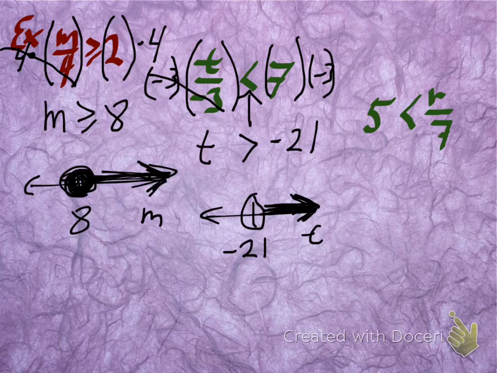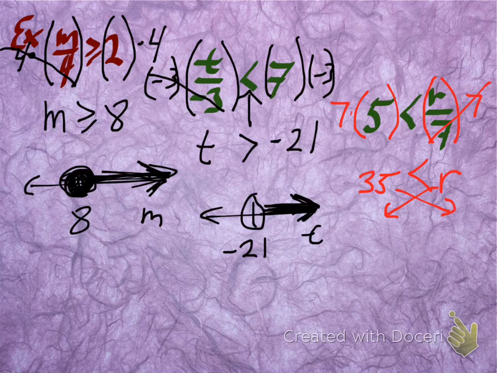All right, so start on the variable side. r is not supposed to be divided by 7, so we're going to multiply by 7. If we do that to the right side, we've also got to do it to the left side. The 7's cancel. You get r. 7 times 5 is 35. And we multiplied by a positive 7, so the inequality stays the way it was. So it's 35 is less than r, which does mean the same thing as r is bigger than 35.